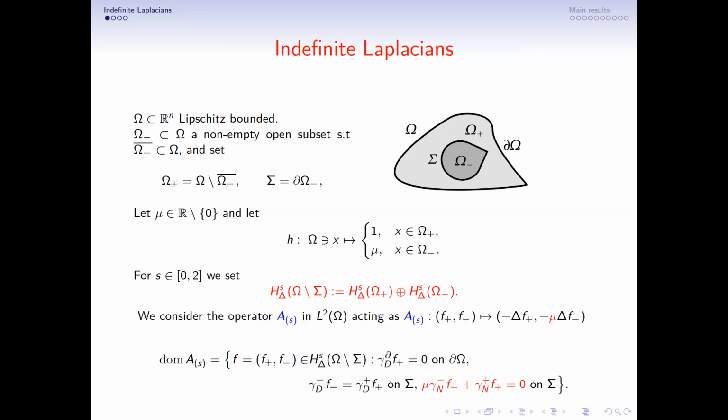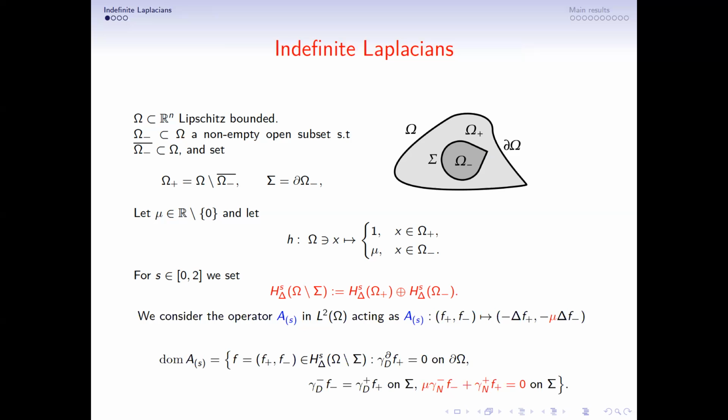Then we have the definition of our operator that I'm denoting A sub s, where s is for the Sobolev regularity. The action of my operator is as follows: minus Laplacian in omega plus, then minus mu Laplacian in omega minus, and then we have our parameter mu. Then the domain: we assume Dirichlet conditions on the exterior boundary.